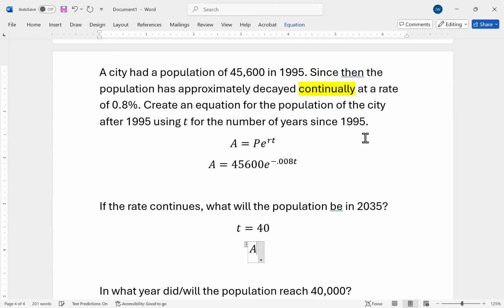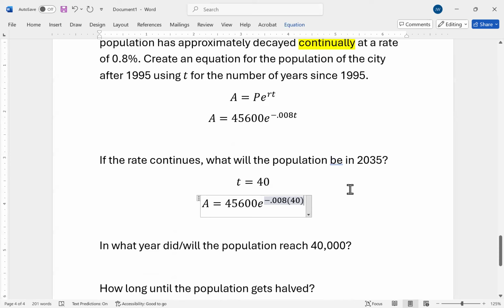The population is going to be the amount, so we take 45,600 times E raised to the negative 0.008 times 40. T is in number of years since 1995. This is the exact amount.